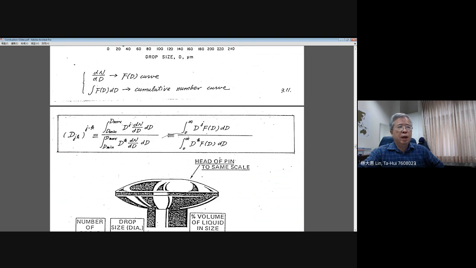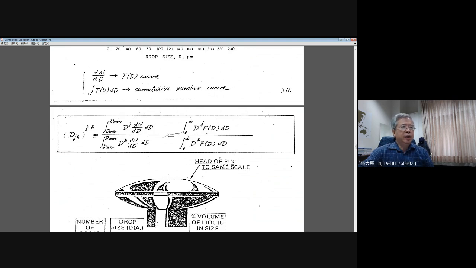If you use the power of 2, that means you are calculating the surface of your droplets, then you try to figure out the total surface area you may have from the liquid drop. And if you go to the third order, then you are calculating the total volume.